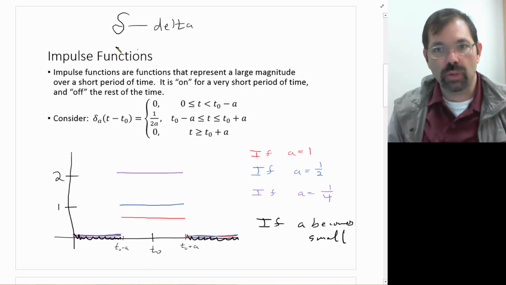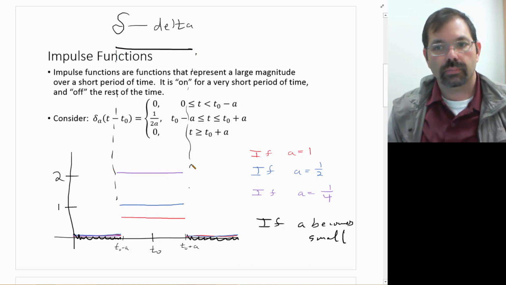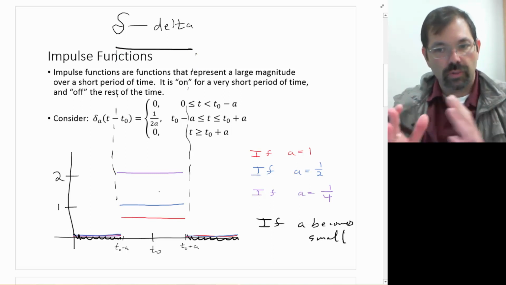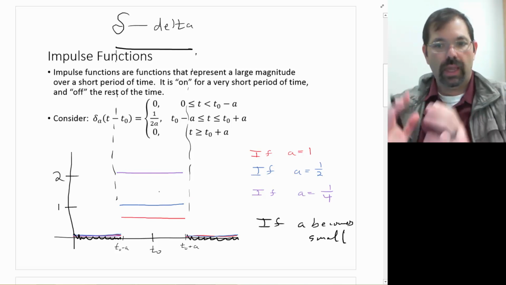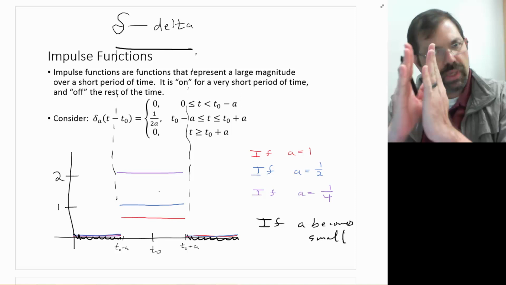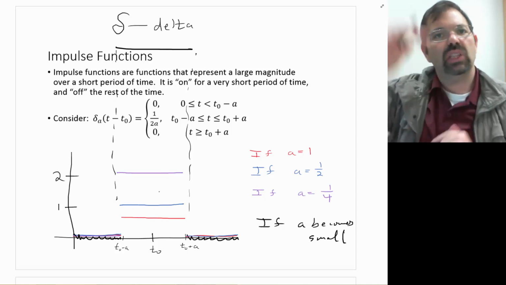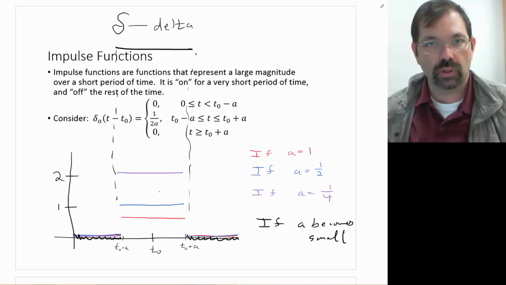So our function may jump way up here. And of course that interval becomes very small. If a is a very small number, then t naught minus a to t naught plus a is going to become a very small interval and a very large value. And this is the concept of an impulse function.